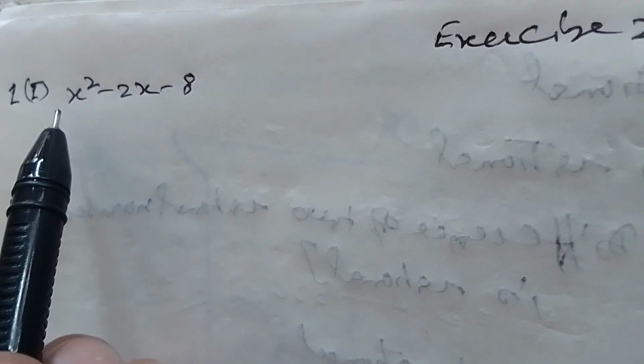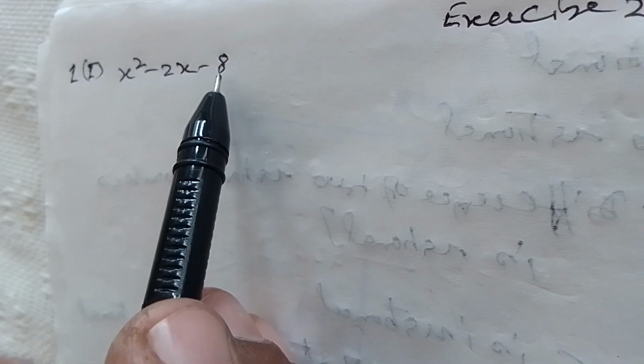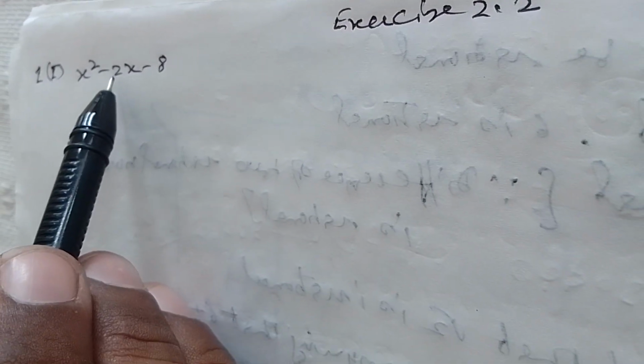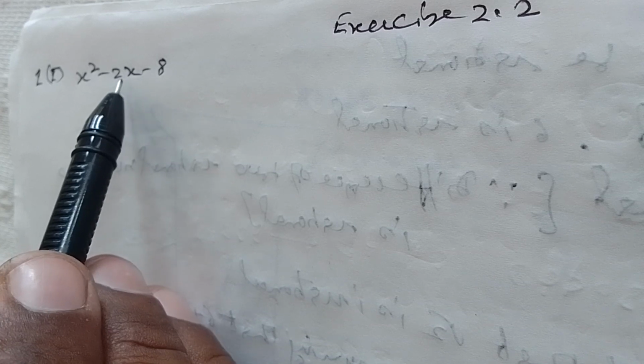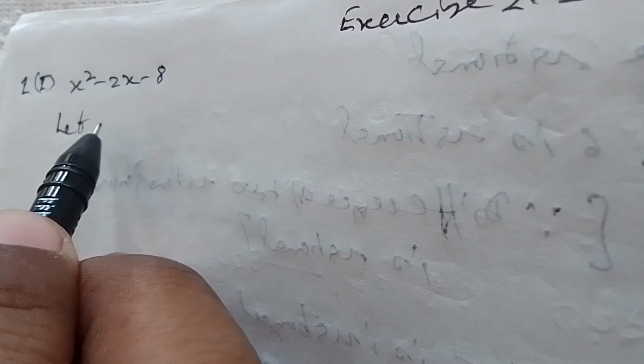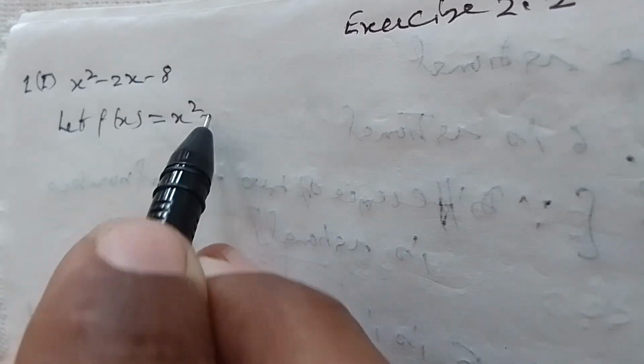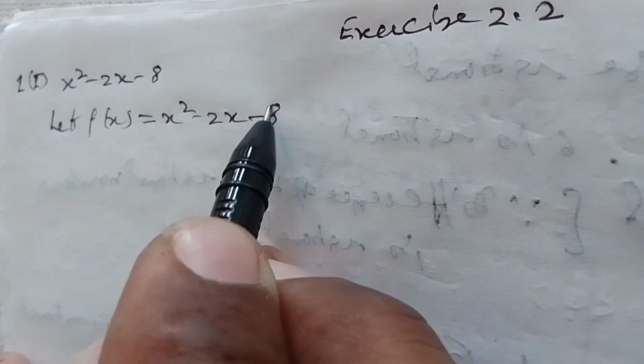So the solution of the first part: the question is x square minus 2x minus 8. We will now break 2x into two parts such that the sum of these two parts comes out to be minus 2x and the product of those two parts comes out to be minus 8. Let us assume f(x) equals x square minus 2x minus 8.